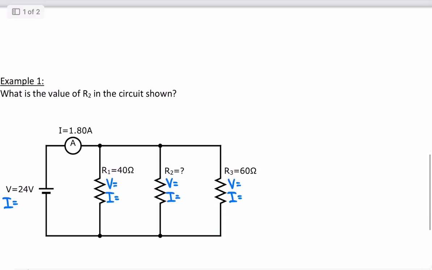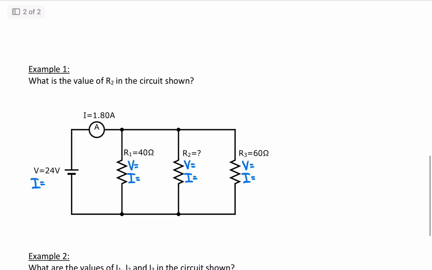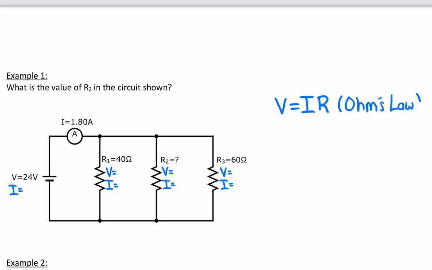Remember, Ohm's law was this helpful formula: V equals I R. But before we get to that, let's just see if there are any values we can fill in off the bat.